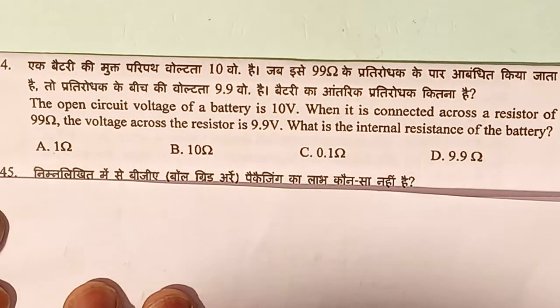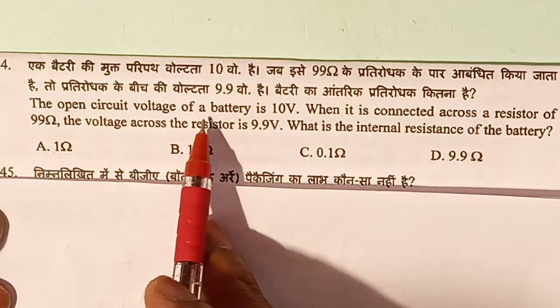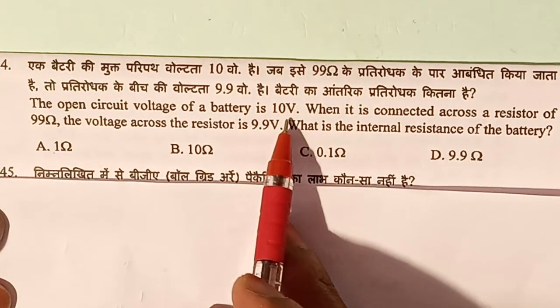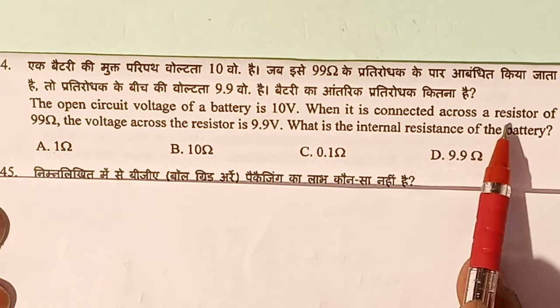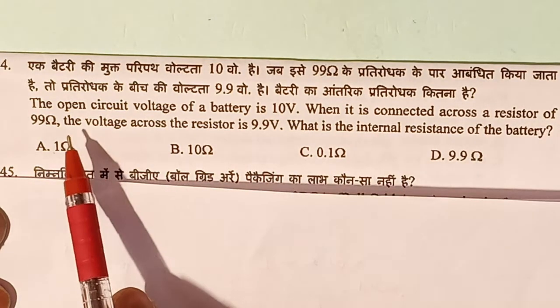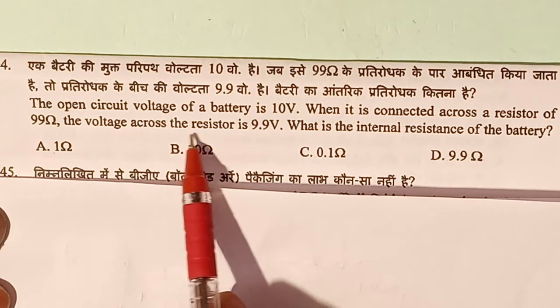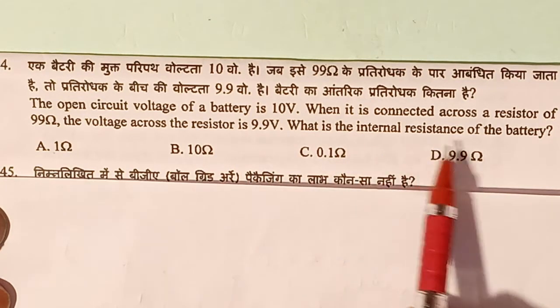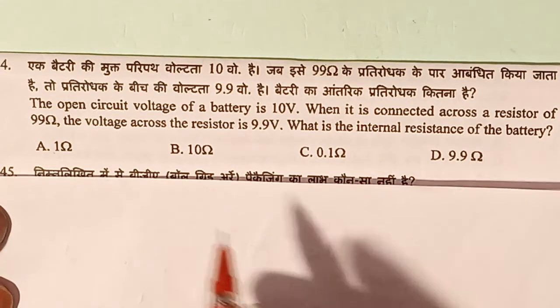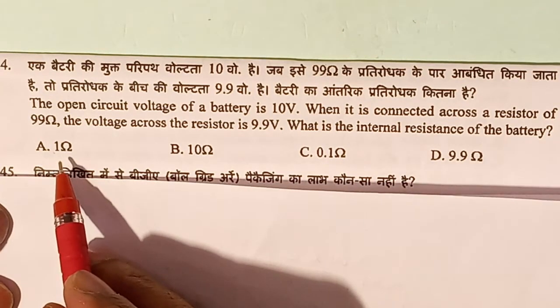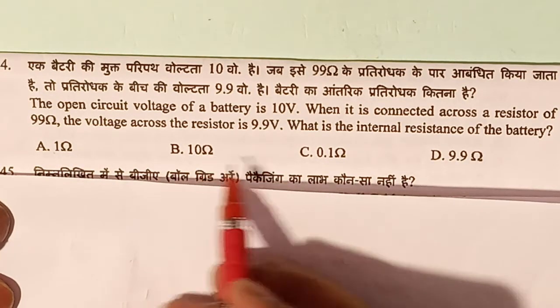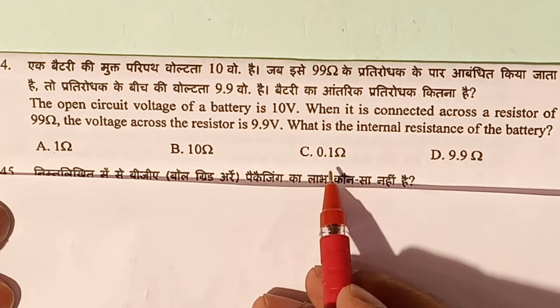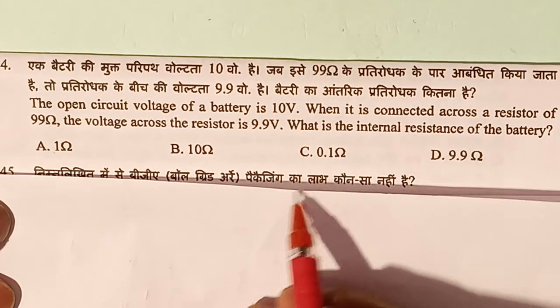Question number 44. The open circuit voltage of a battery is 10 volt. When it is connected across a resistor of 99 ohm, the voltage across the resistor is 9.9 volt. What is the internal resistance of the battery? Option A 1 ohm, option B 10 ohm, option C 0.1 ohm, option D 9.9 ohm.